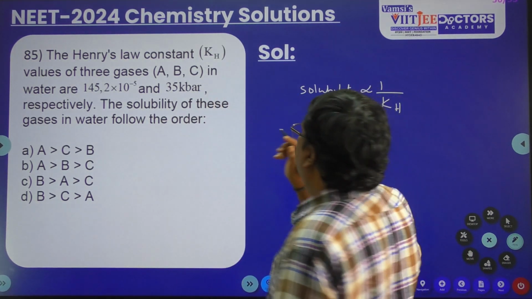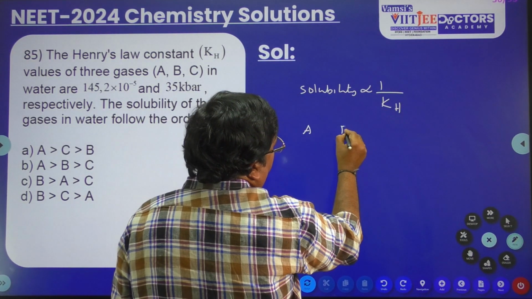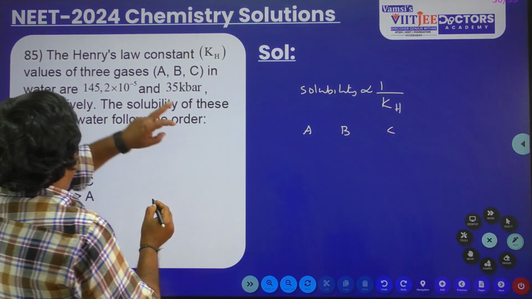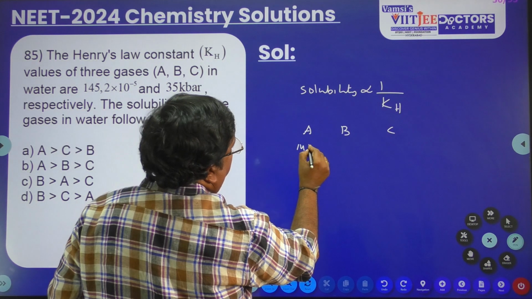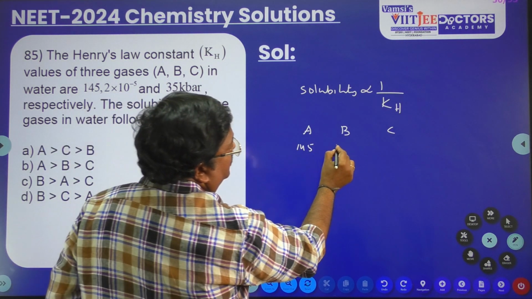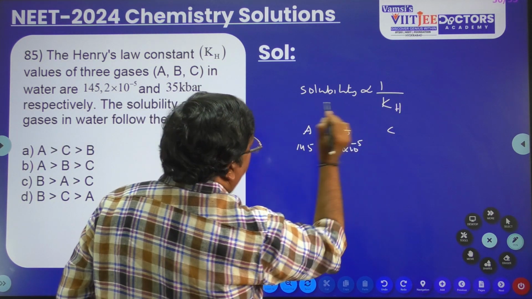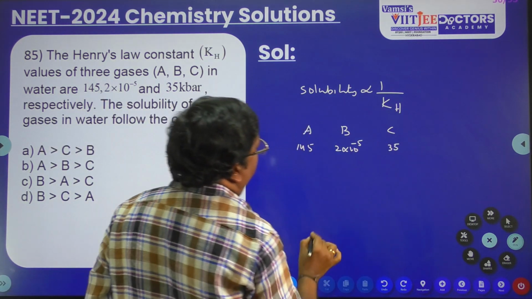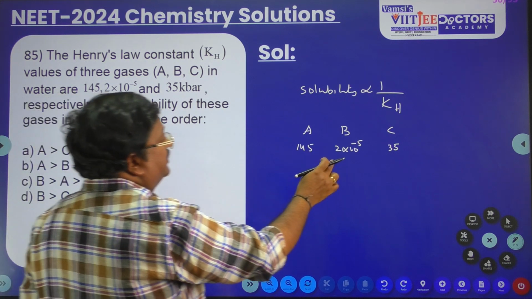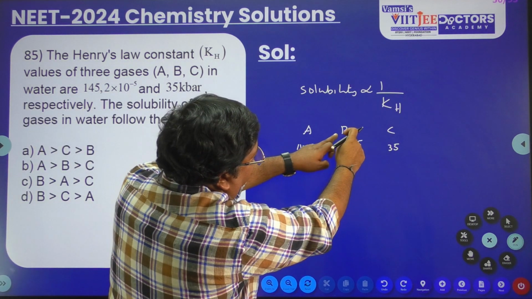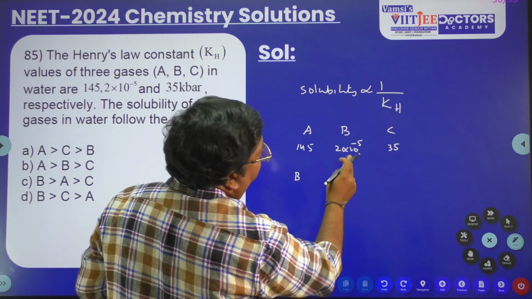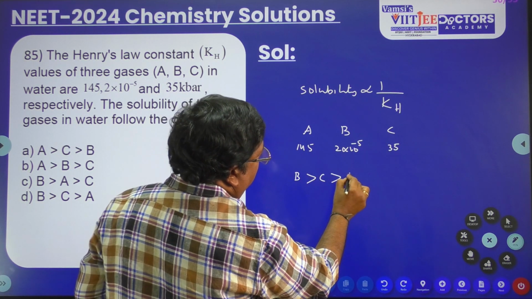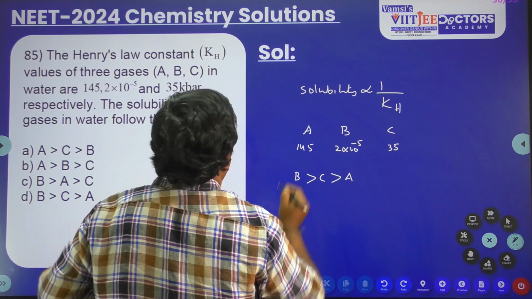The values are given for A, B, and C: A is 145, B is 2 into 10 power minus 5, C is 35. Suppose you take this: B has the least value, next to B is C, next to that A. So the order is B, C, A.